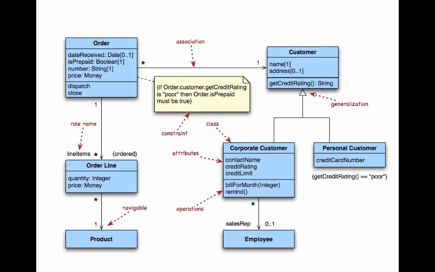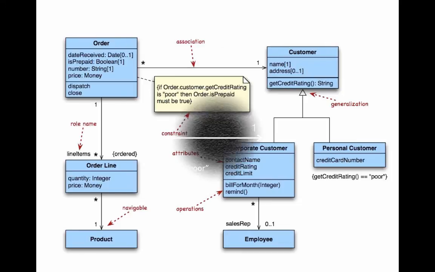It reads, if order.customer.getCreditRating is poor, then order.isPrepaid must be true. Now, this time I am going to ask you to pause the video and tell me in plain language what these two constraints taken together tell us about corporate customers.